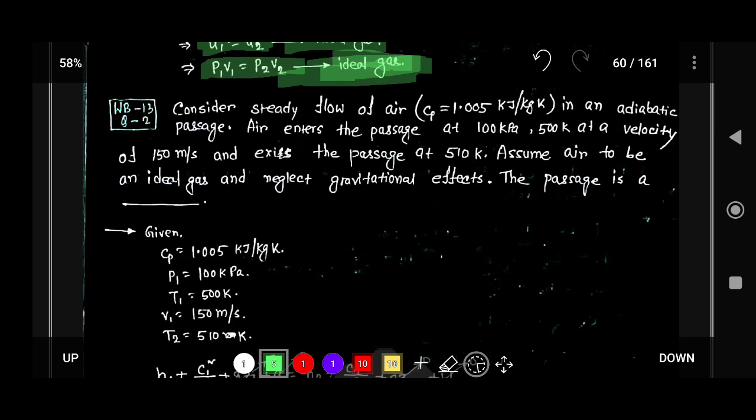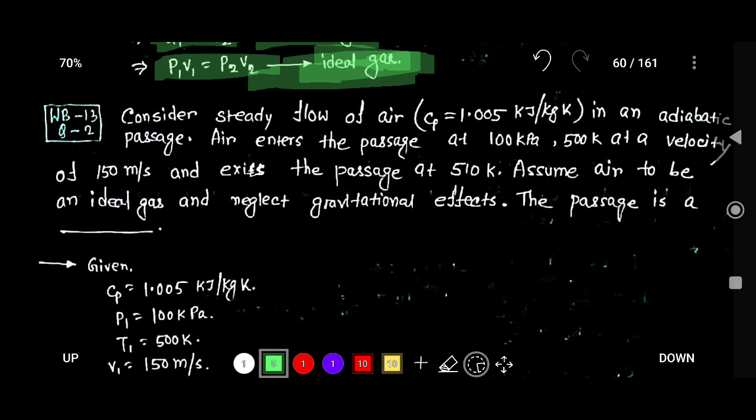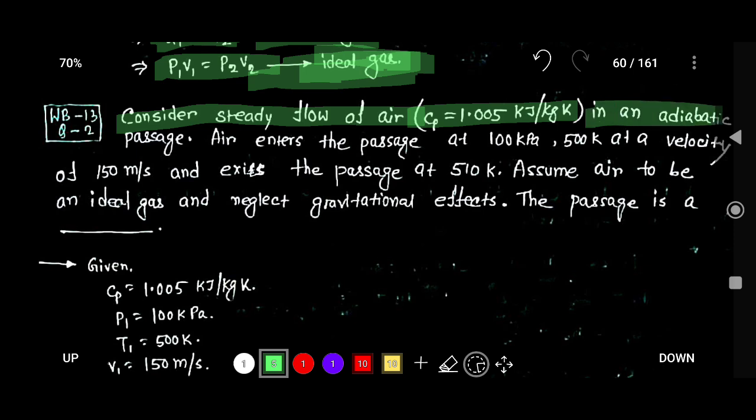Now focus on this math. Try to read this math. Consider steady flow of air, Cp of air equal to 1.005 kilojoule per kg Kelvin, in an adiabatic passage. Adiabatic means there is no heat transfer. Passage means it is a type of nozzle or diffuser.